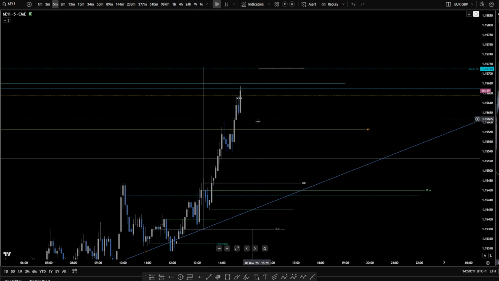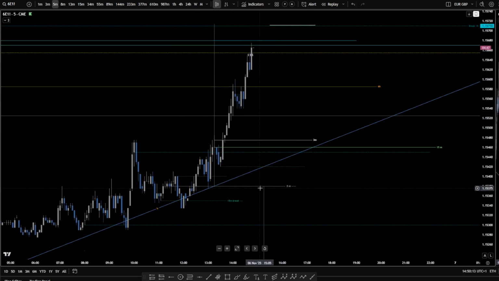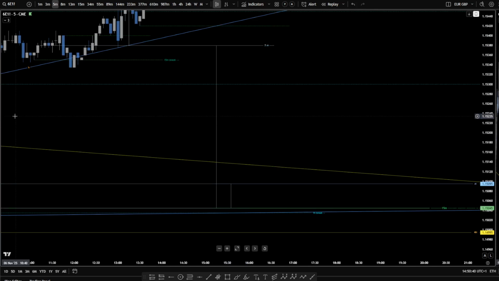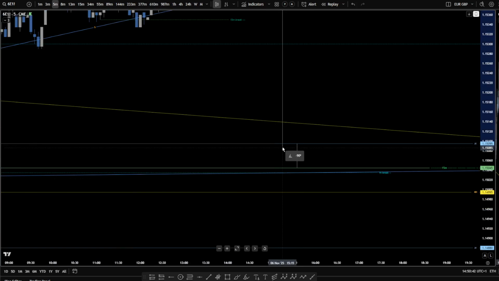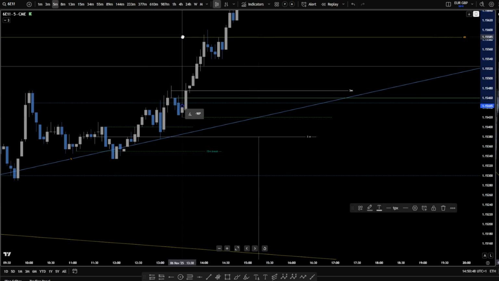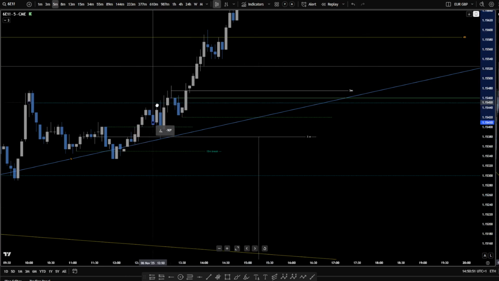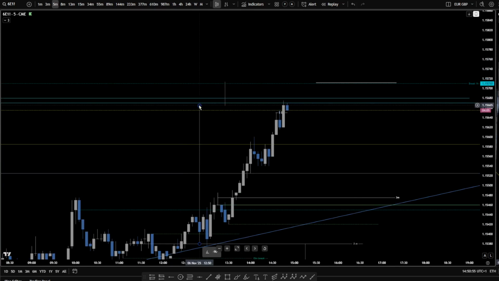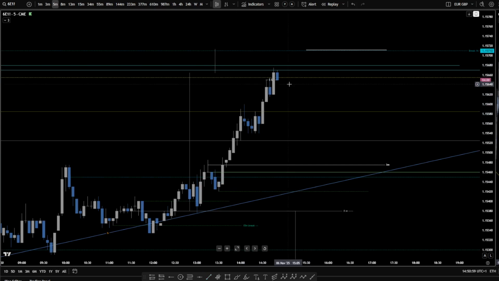And the move will be similar to what was expected here on this side. Or if you take the hourly from here to here, from here to here. So it could be this hourly.